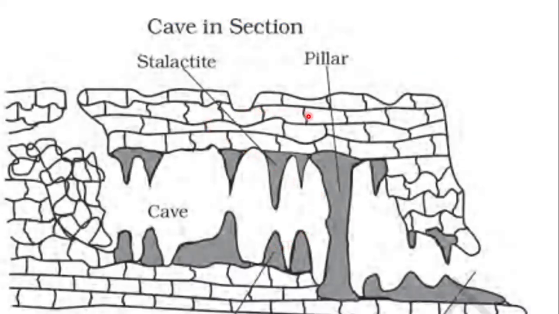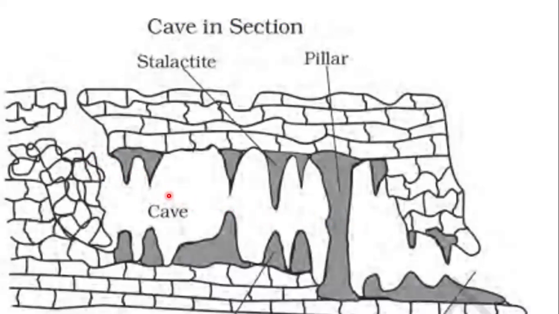Cave is another erosional feature formed underground. Caves are the underground chambers that are formed by dissolution of rock. These caves vary in size.